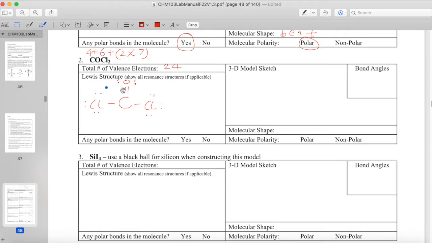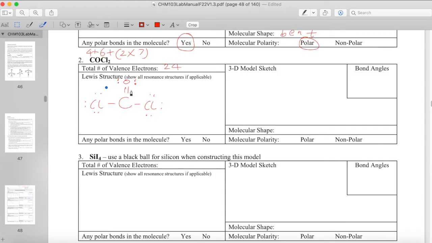Now, if you noticed, I removed 4 electrons, right? 2 from the oxygen, 2 from the carbon, and I only put 2 back in the form of that bond. Please note, by adding that bond between those 2 atoms, I'm still keeping the octet for those 2 atoms. Notice that that oxygen has 2, 4, 6, 8 electrons around it. Likewise, that carbon has 4 bonds and therefore 8 electrons around it.